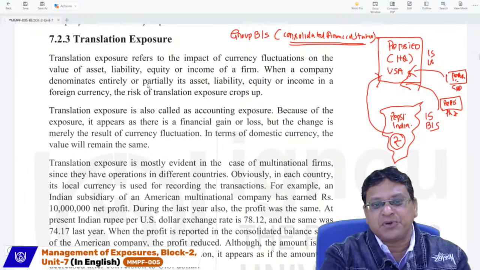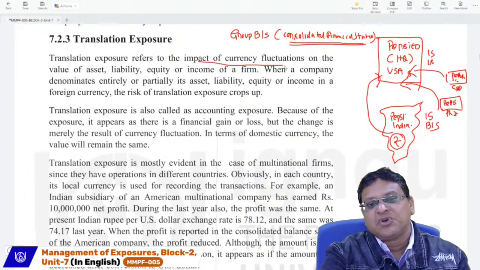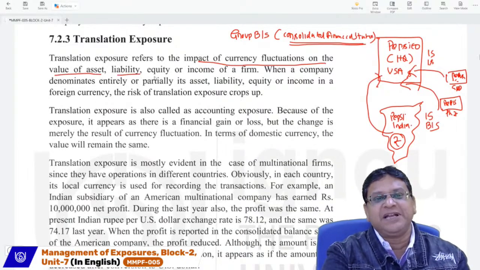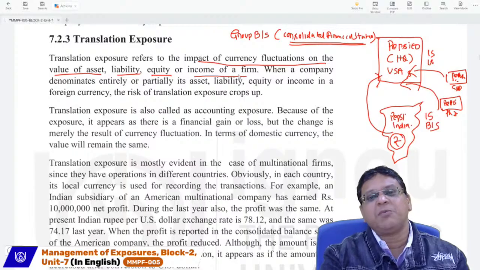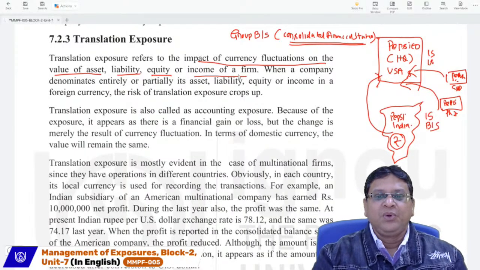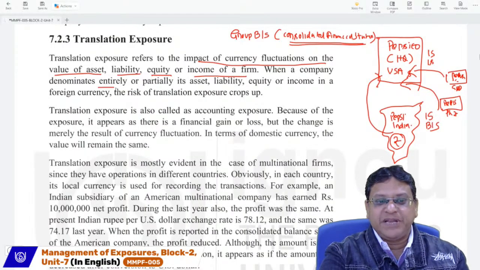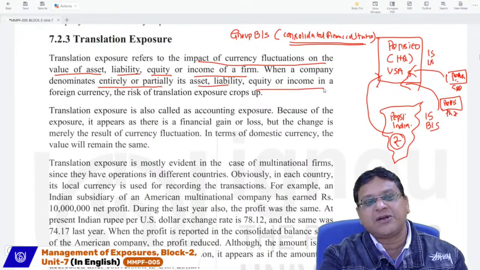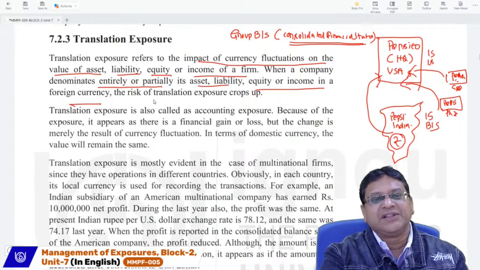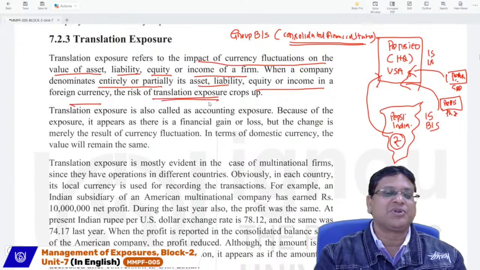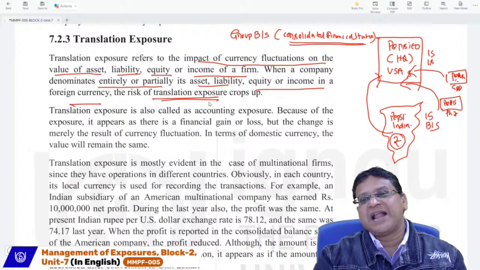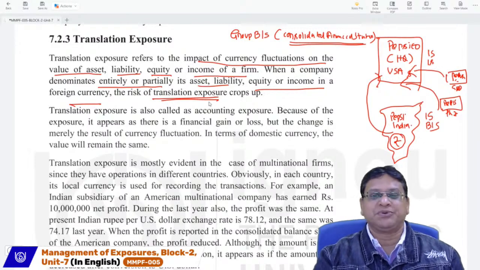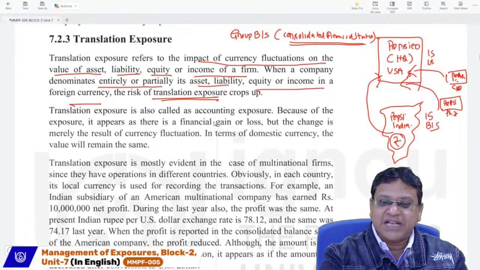Translation exposure refers to the impact of currency fluctuation on the value of assets, liabilities, equity, and income of a firm. When a firm denominates entirely or partially its assets, liabilities, equity, or income in a foreign currency, the risk of translation exposure crops up. Translation exposure is an accounting exposure.